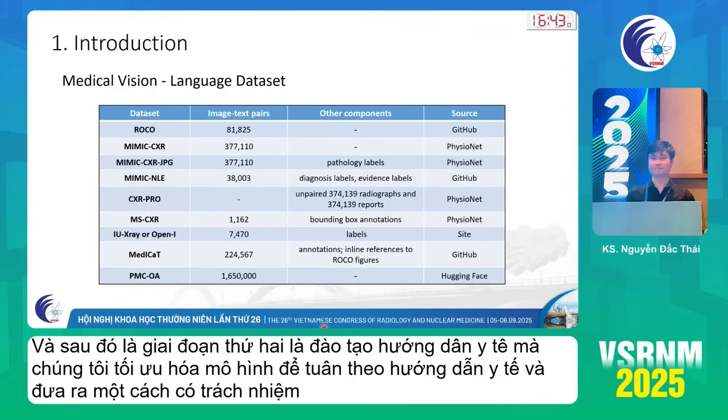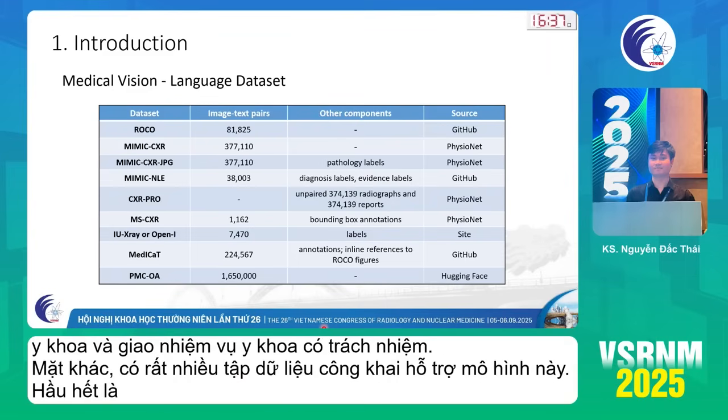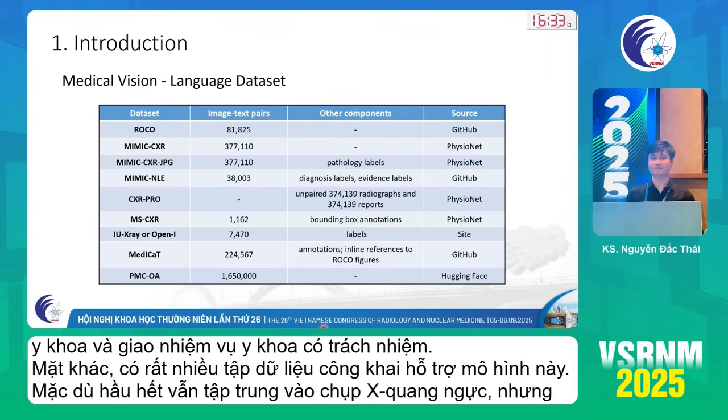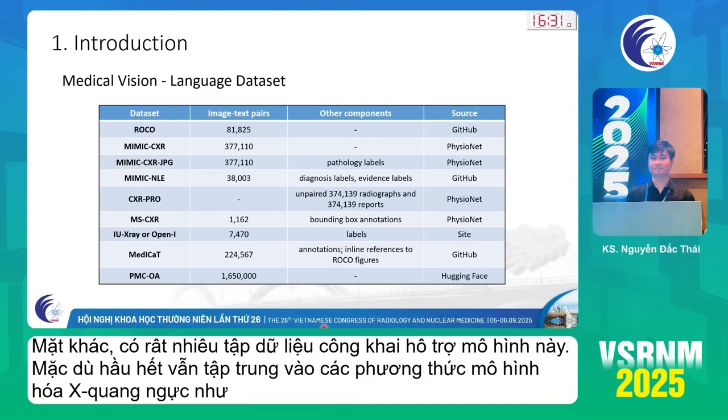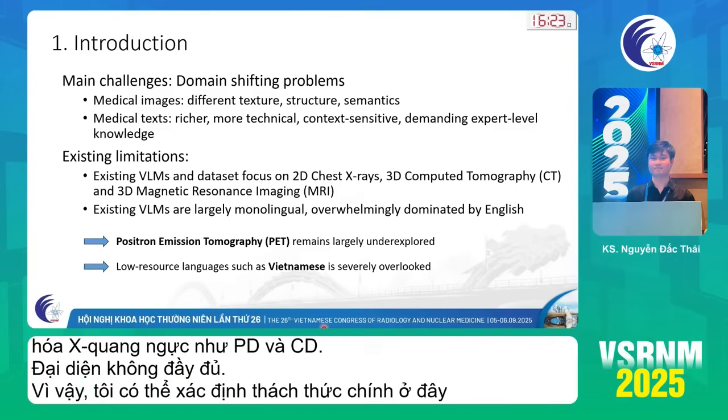On the other hand, a wide range of public datasets support these models, though most are still concentrated on chest X-ray, leaving modalities like PET and CT underrepresented. I can define the main challenge here as the domain shift problem.